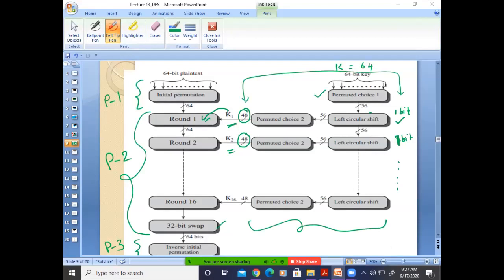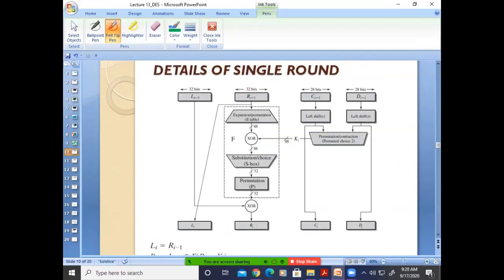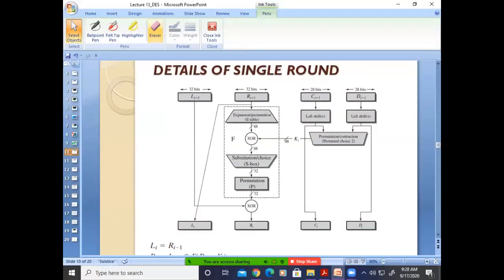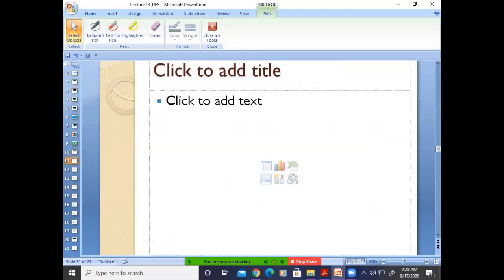Now the details of a single round. See, the right side is the key generation, the left side is the round function. Now what is happening? I'll explain. I will show all the tables later. So there is a 64-bit K, right? I told you.